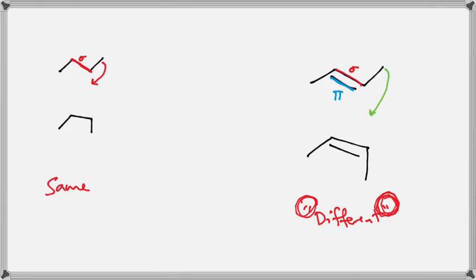What orbitals make a sigma bond? S-type orbitals. What orbitals make a pi bond? P orbitals. Okay, our p orbitals have a different shape. That different shape is that dumbbell, right? Up and down. Okay? So if we're looking at, and this is so not going to work, but we're going to try it anyway.